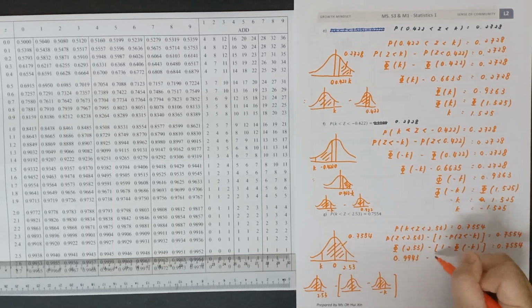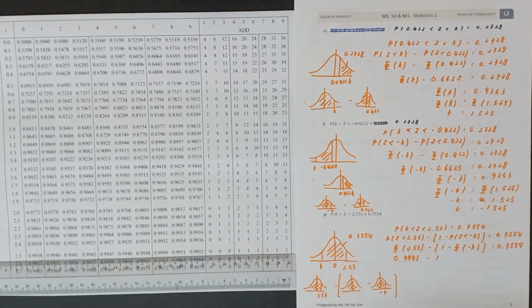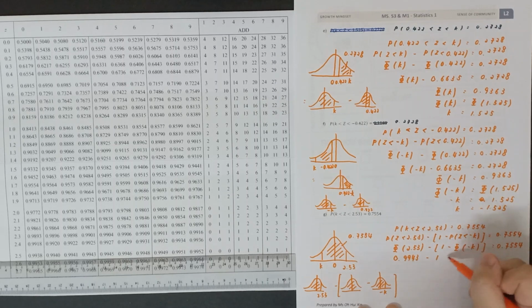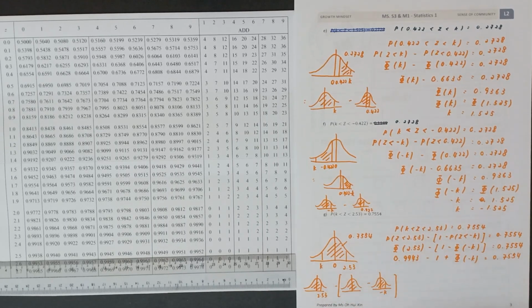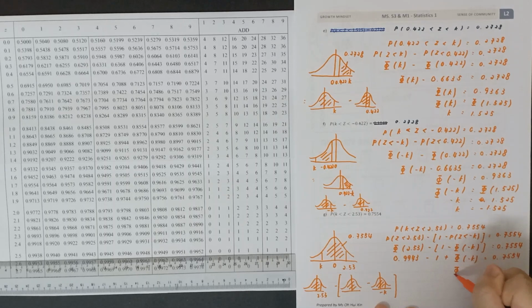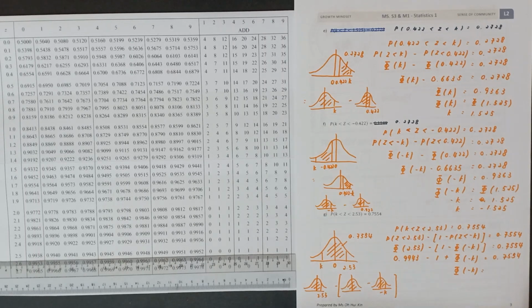Then you need to minus 1, and you can try to expand it. Negative, negative, you get positive, and then Φ of negative K equals 0.7554. Then you move it around, and you should be able to get Φ of negative K equals 0.7611. So you minus 0.9943 and you plus 1.